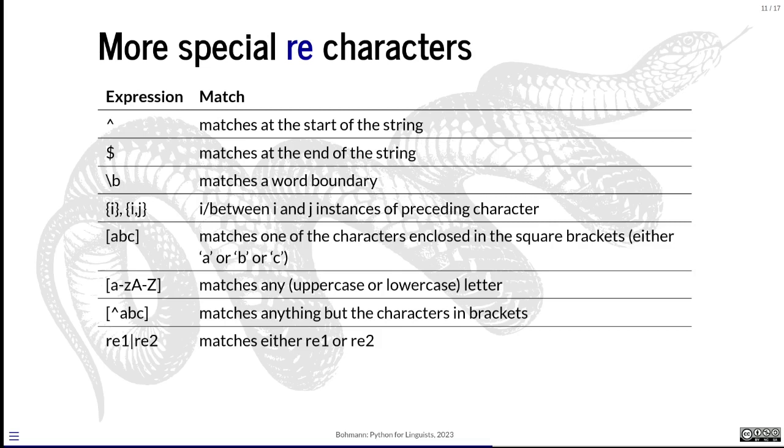So again, thinking about love, lo curly brackets 3 ve only matches looove, and lo curly brackets 3 comma 5 ve matches 3, 4, or 5 o's in our love string.